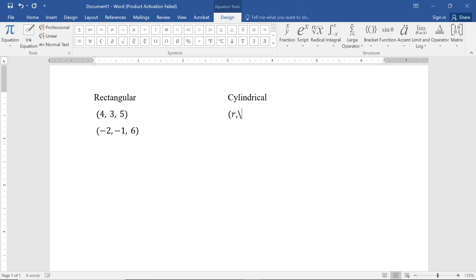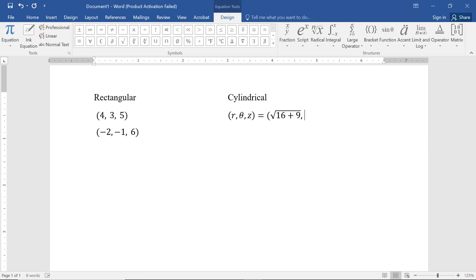So when we do r, theta, z, that is the same thing as doing, well, we'll take this positive square root of 4 squared plus 3 squared. That's, again, r squared is x squared plus y squared.